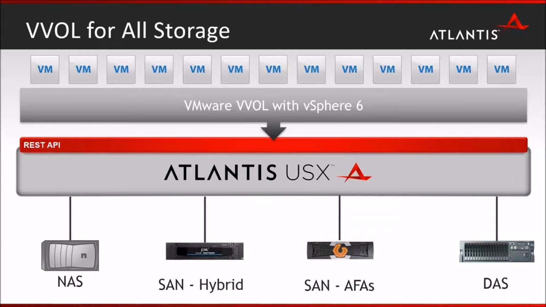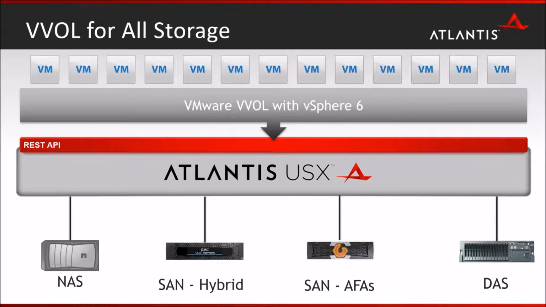When a storage system is VVOL capable, all the actions that you do at the vSphere level, think of making a clone of a VM, doing a snapshot of a VM, or even vMotion, are handled differently.